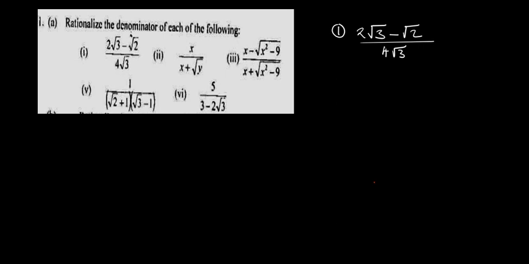Okay, so how do we handle this? What we are going to do is first rationalize the denominator, so we multiply by root 3. Here we don't change any sign, it's just a matter of multiplying by root 3. So we write 2 times (root 3 minus root 2) in brackets, multiplied by root 3, over the same 4 root 3 times root 3.